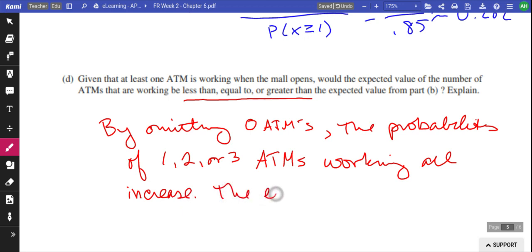The expected value would increase as well. And that's it.